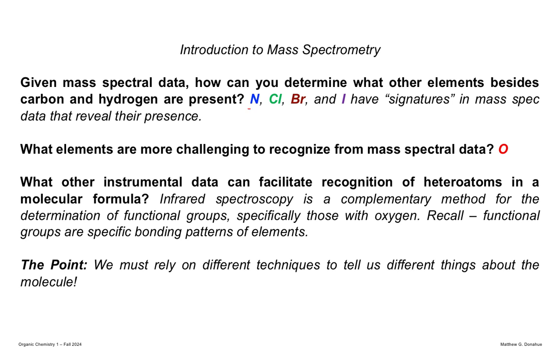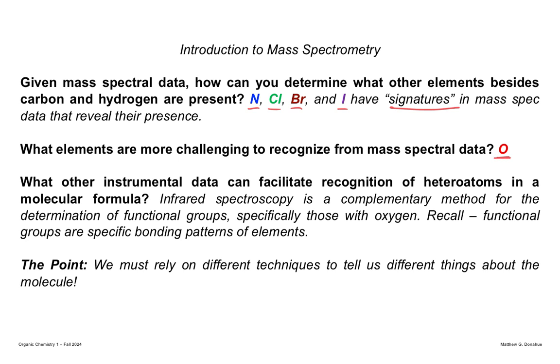So nitrogen, chlorine, bromine, and iodine have signatures in the mass spec that, if they're there, you can say confidently, okay, I know this heteroatom's in there. Then I further know it's going to have this mass contribution to the parent ion that has the molecular formula.